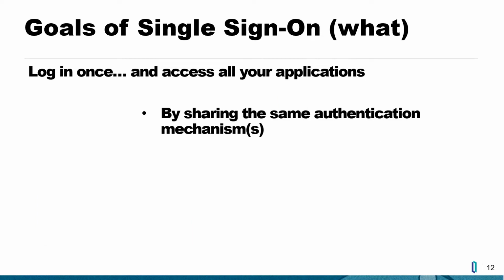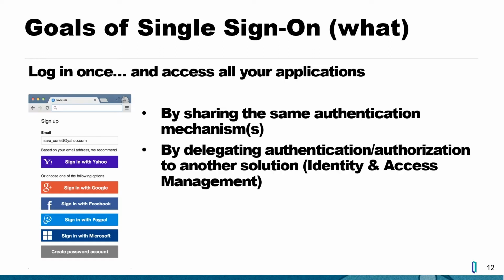So it will do this really by sharing some authentication mechanism between all your applications, and typically delegating to another solution that will be focused on identity management. And you will end up seeing websites like this a lot, where you have this sign-in with Yahoo, Google, Facebook, whatever you name it.